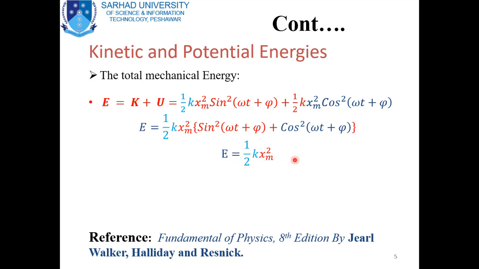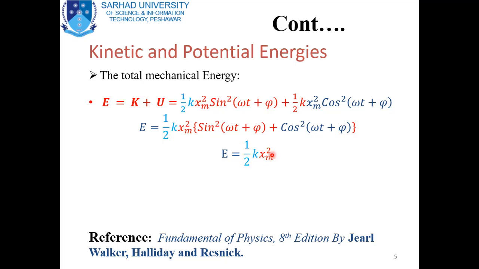So in the total energy we have three constant terms on the right hand side. Half is constant, the spring constant k is a constant value for a specific spring, and xm is the amplitude, which is always constant.